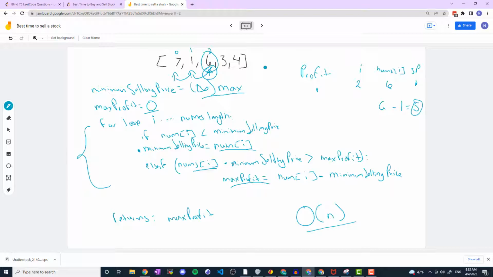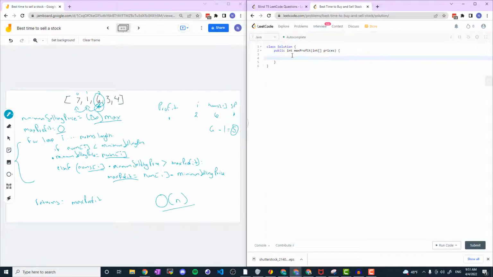Now let's code this solution up in Java. Let's start by declaring the variables minimum selling price and max profit. Following, we're going to declare our for loop. In here, inside the for loop, we're going to have two comparisons. The first comparison is to get the minimum selling price.